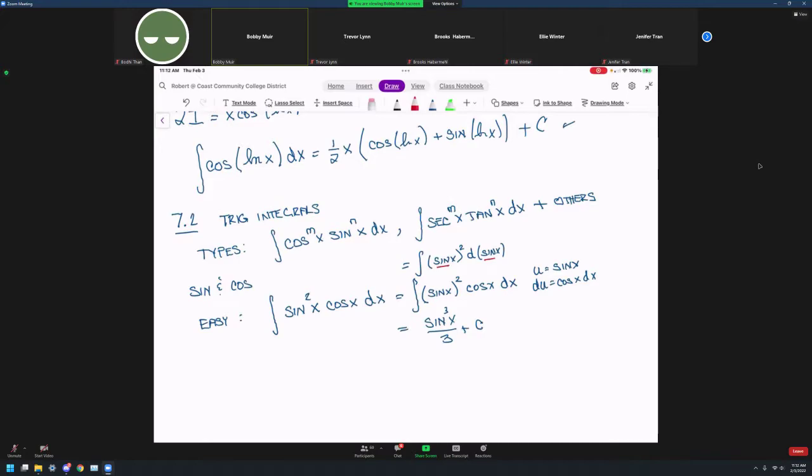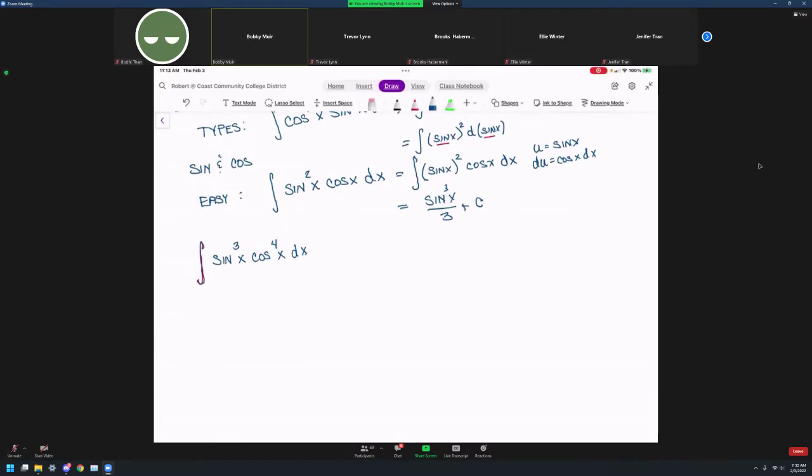And for that matter, if I had something along these lines, where we've got, let's say, sine cubed x cosine to the 4th x dx, as long as one of them is odd, we can break off one of the sine x's and then be left with this, right?